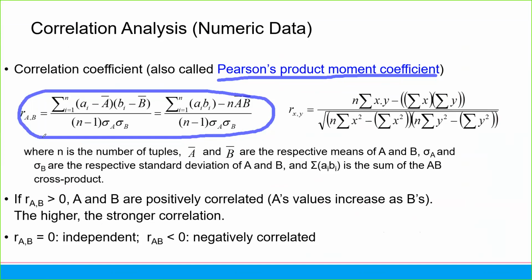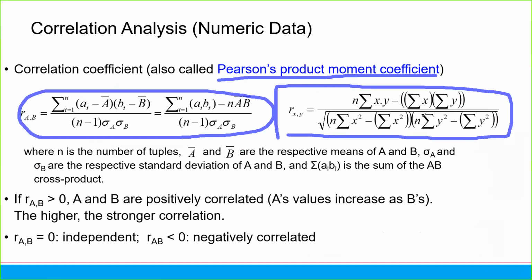It's a little bit long to explain. We can also use this formula. Maybe it will be easier to understand this formula. But you can also use this formula by looking at these numbers. The A means one column or one tuple. B is another tuple.